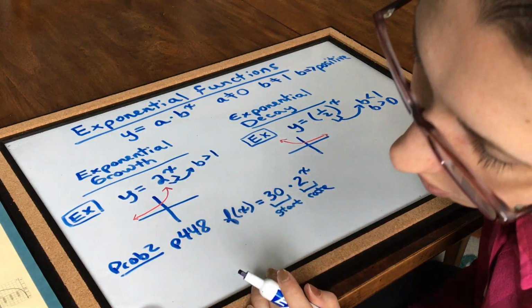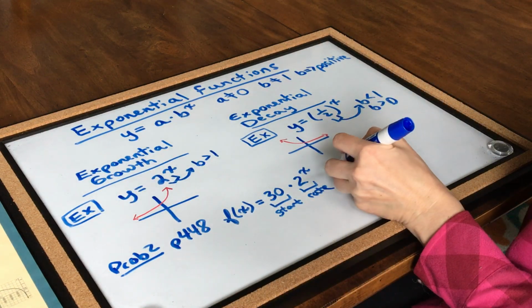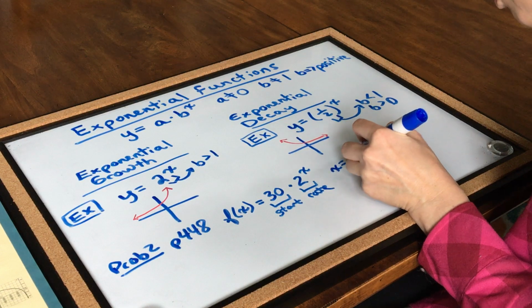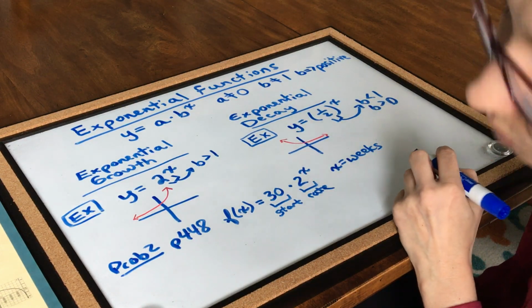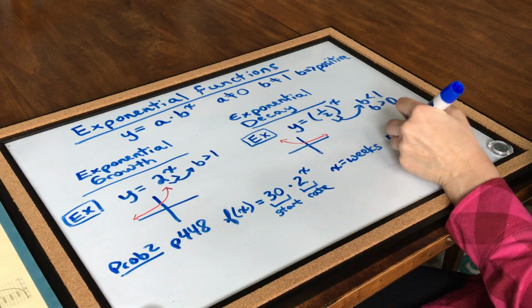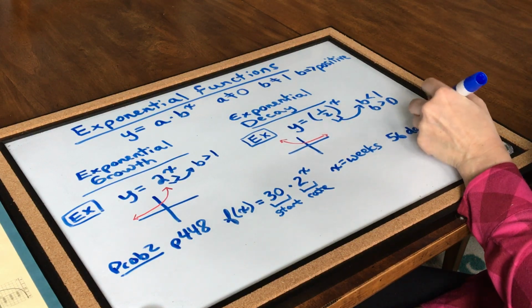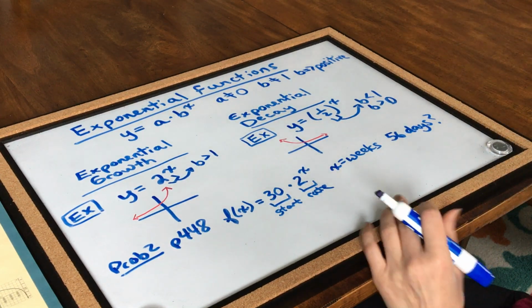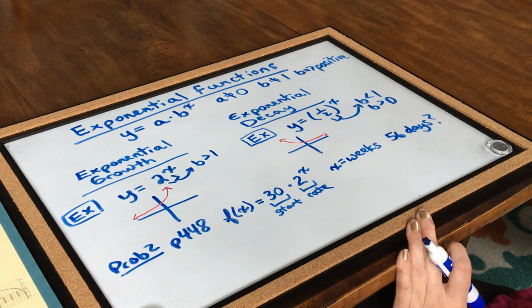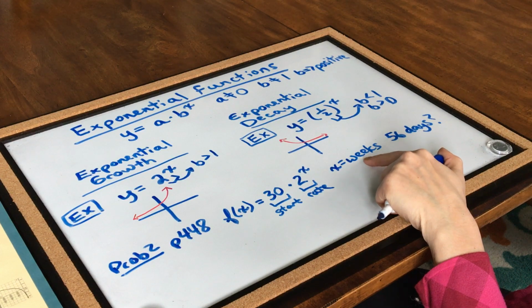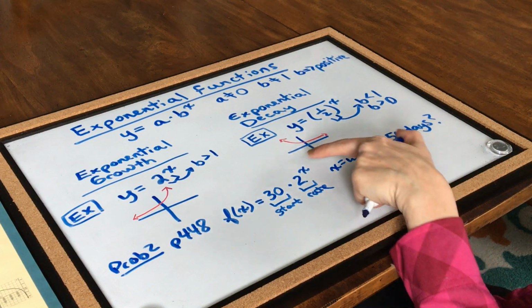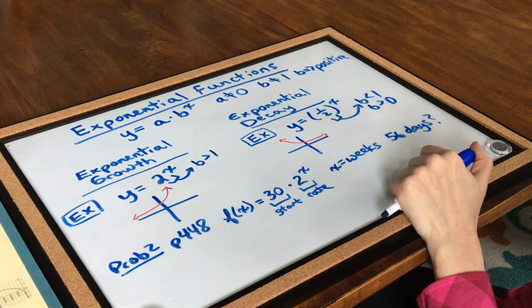They're telling me that x is the number of weeks, and they want to know how many beetles there will be after 56 days. This is an interesting problem. What I need to find is the number of weeks. Once I find the number of weeks, I can just plug that in for x.